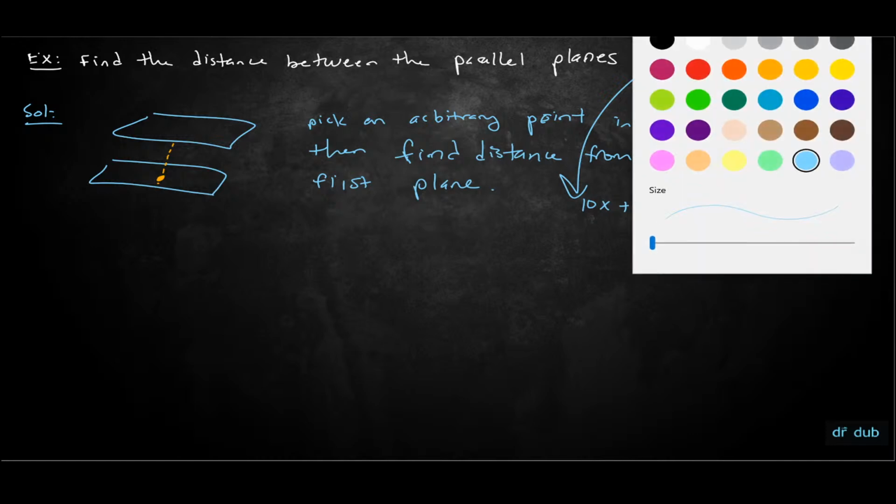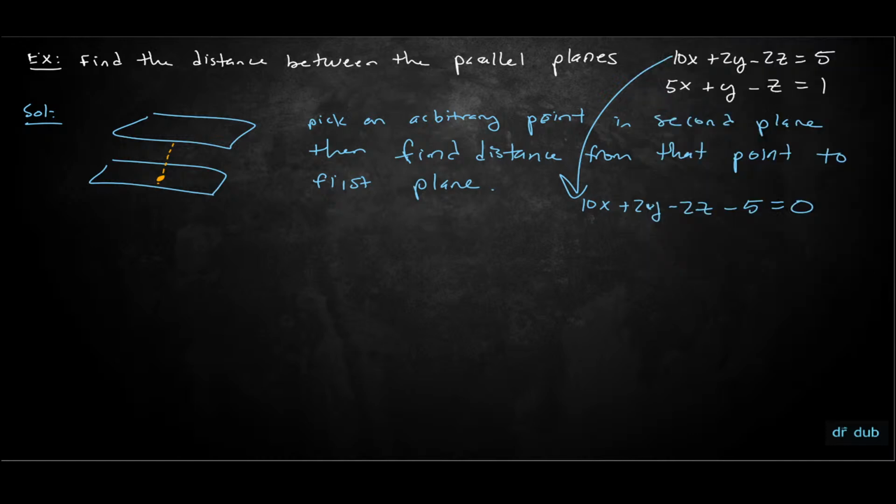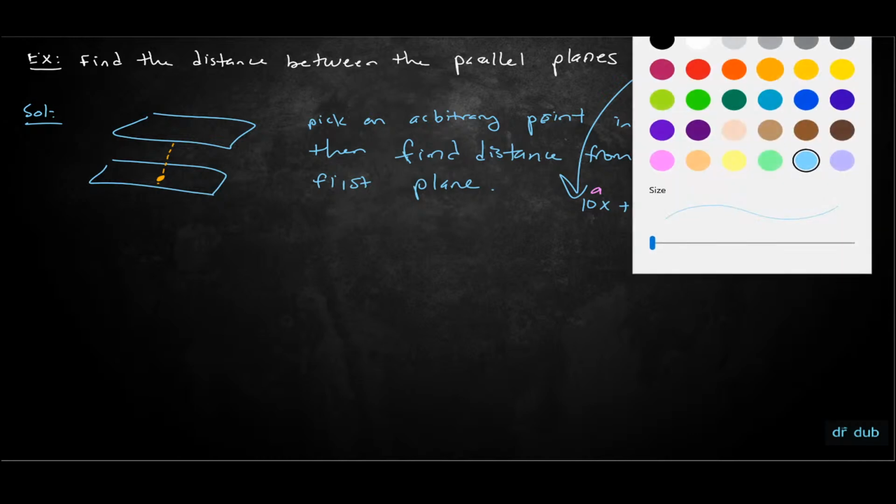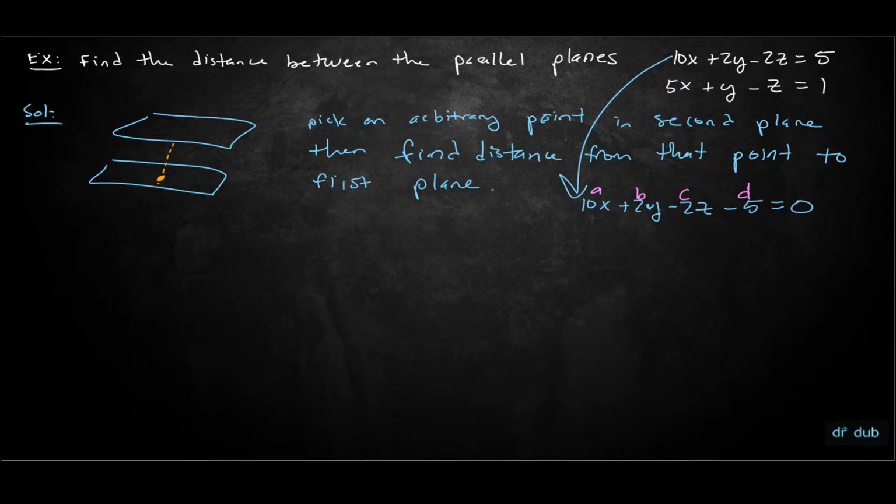So that'll tell me what my a, b, c, d are when I plug it into my formula. All right, so how do I pick this arbitrary point in the bottom plane? Well, I can say, okay, let x equal 0 and z equal 0 in the second plane.